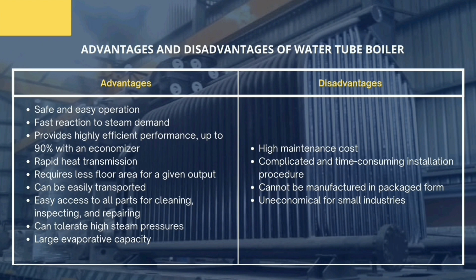For the disadvantages, the water tube boiler needs a high maintenance cost, has a complicated and time-consuming installation procedure, cannot be manufactured in package form, and is uneconomical for small industry.